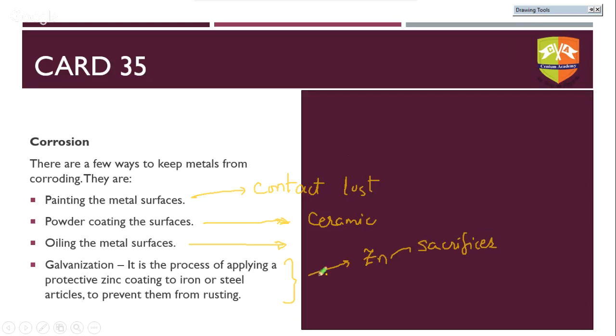The second reason is that when a zinc coating is on iron or steel, it is the zinc which is in touch with the moisture, and the iron and steel are kept from contact with moisture. This is the common reason why we do any kind of electroplating for that matter. So these are the two reasons that we do galvanization.